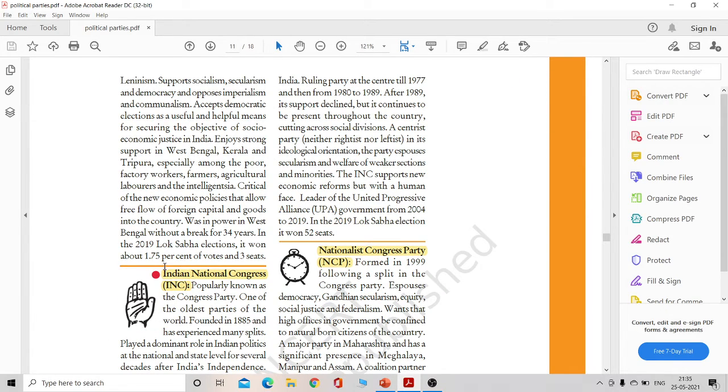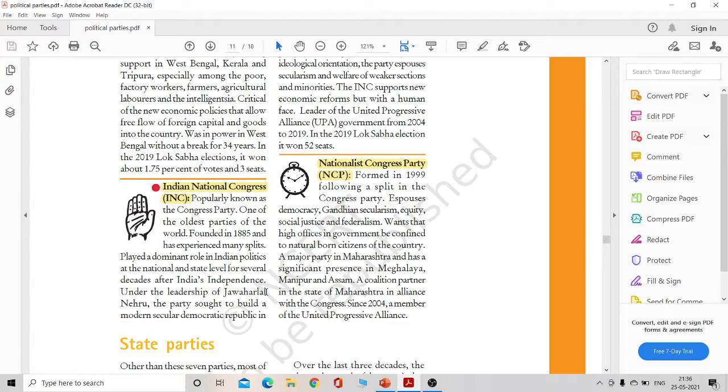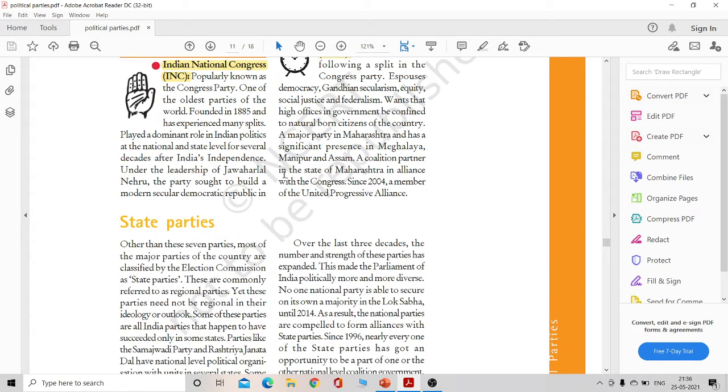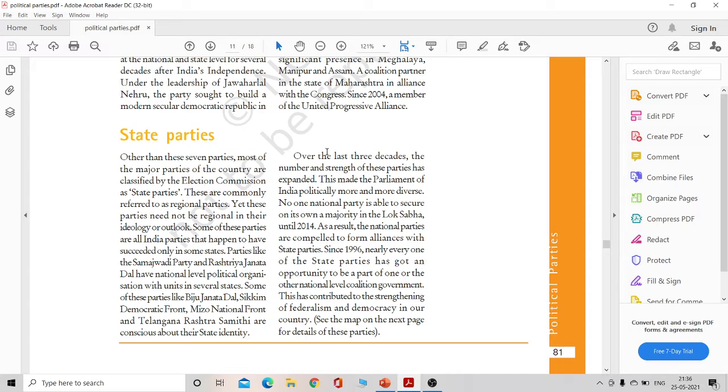So you can mark this. I have marked it with a dot. You can mark this as important, and look at this part of your chapter more seriously among all of these political parties, right?